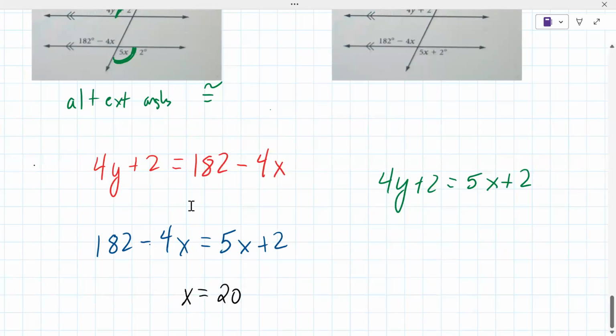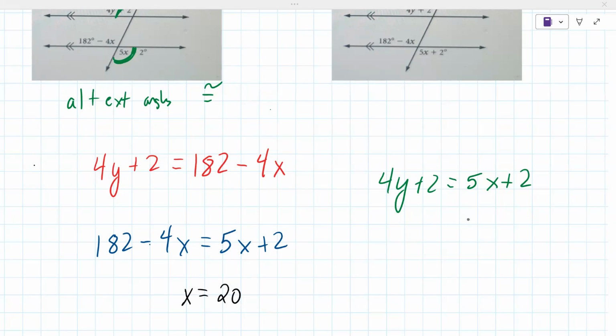Now use either equation, doesn't matter, either this one in red or this one in green. I sort of prefer the one in green to solve for y, please. Y equals 26.